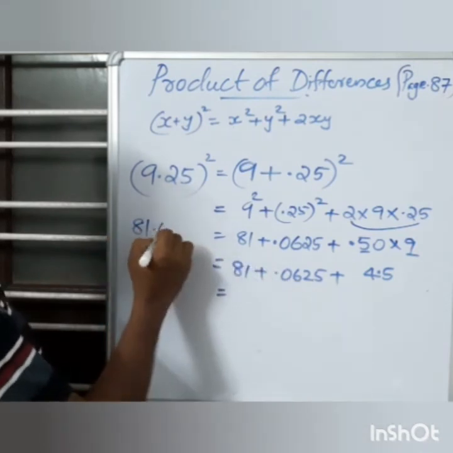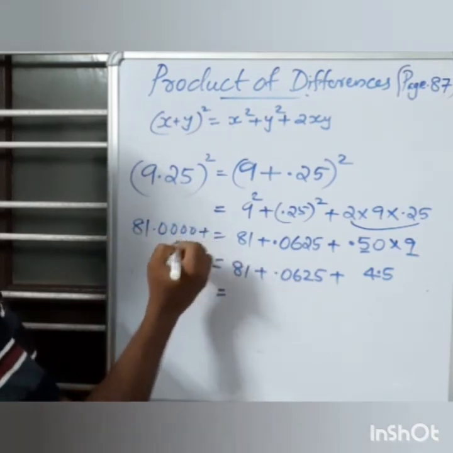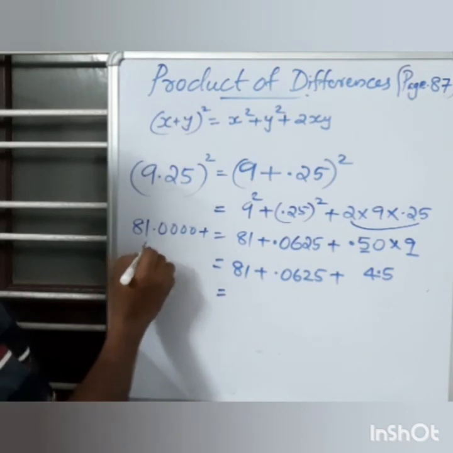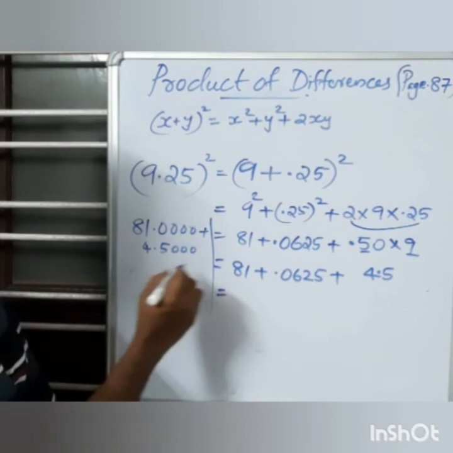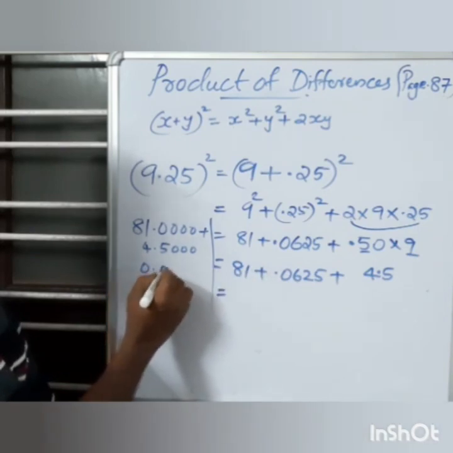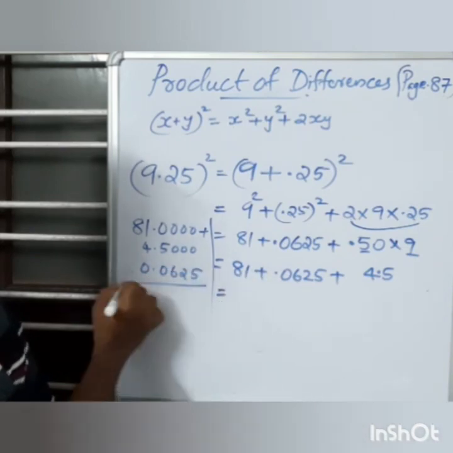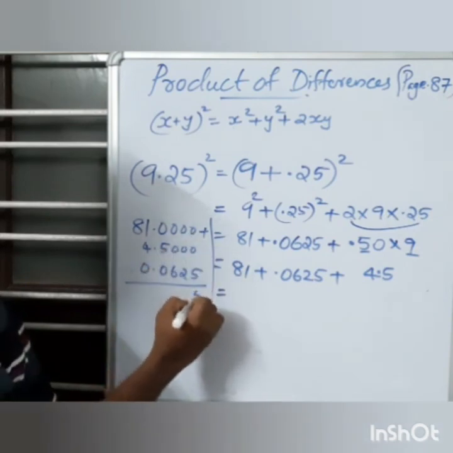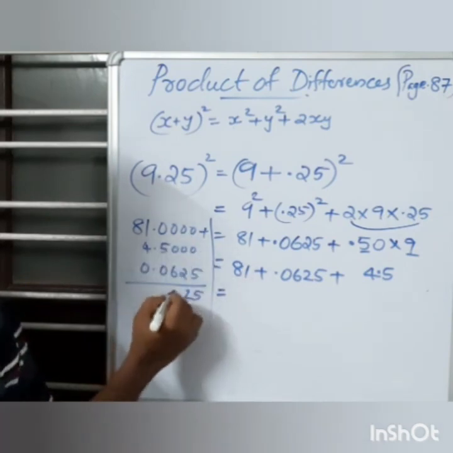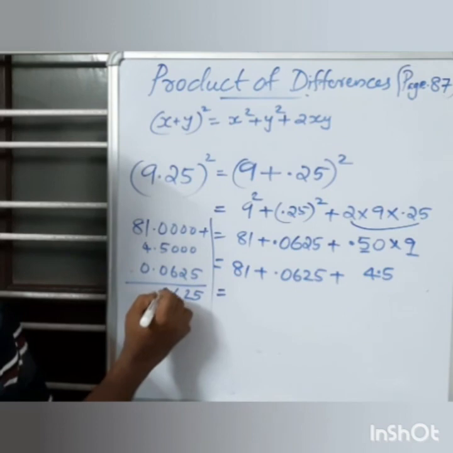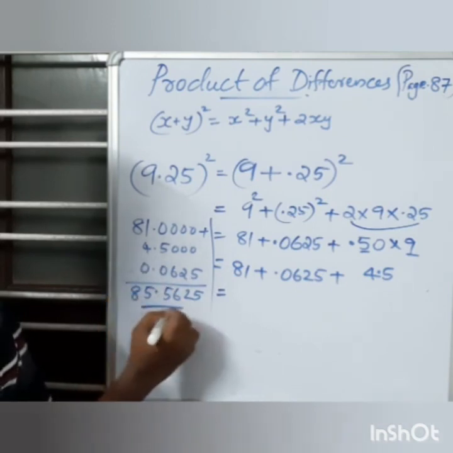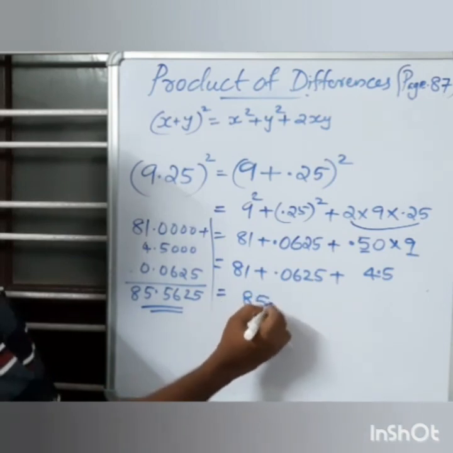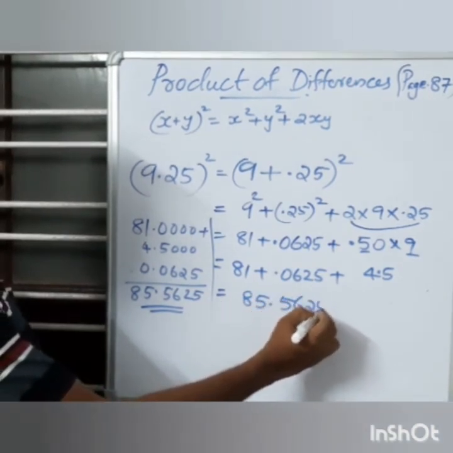We have 4 decimals. 4.5. Then 0.0625. So 5, 2, 6, 5, 5, 8. The answer you are getting is 85.5625.